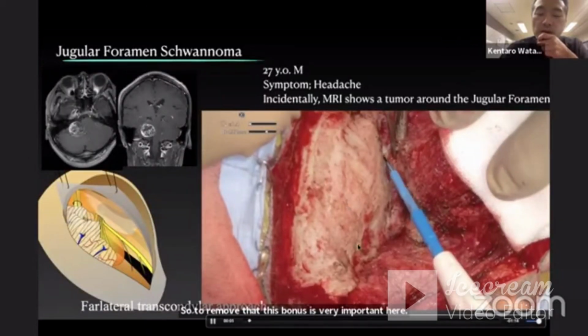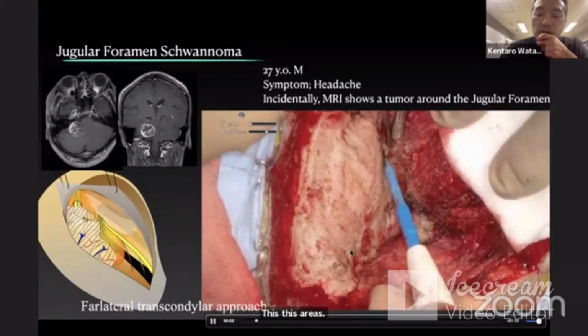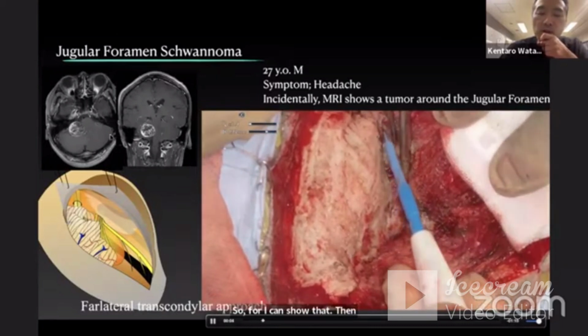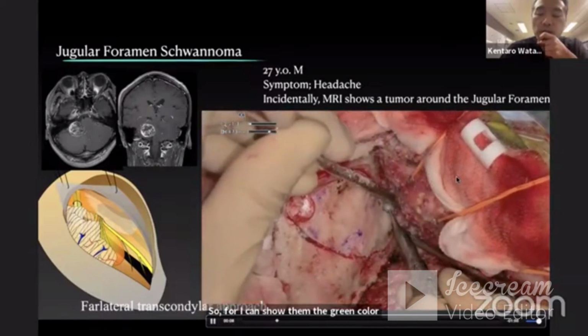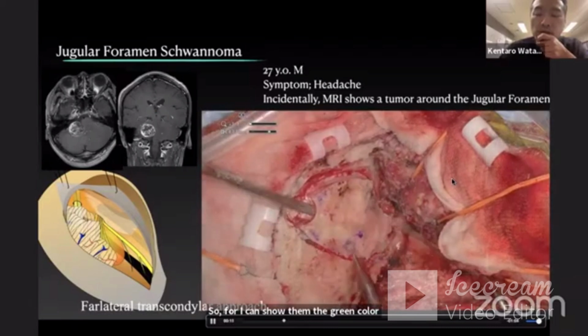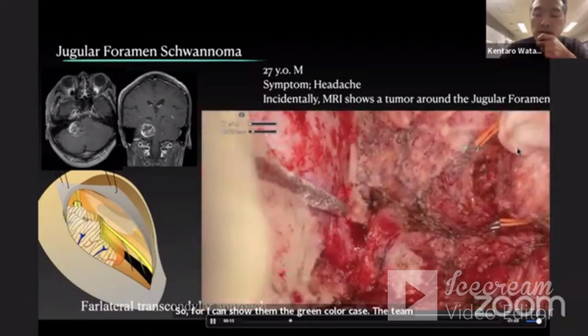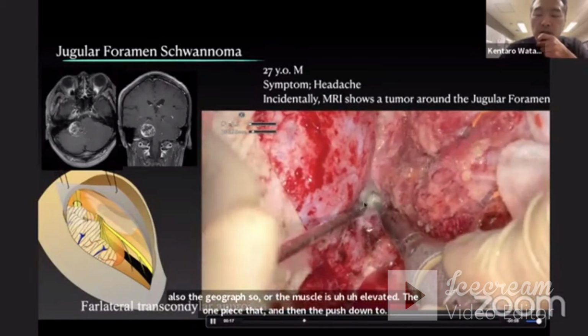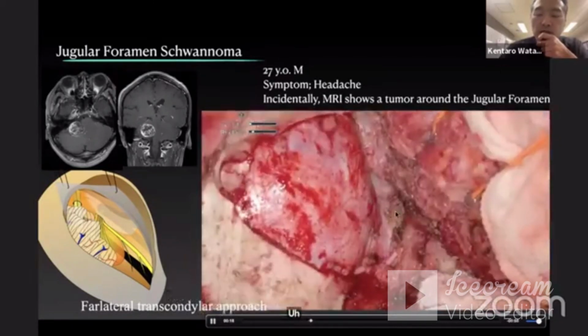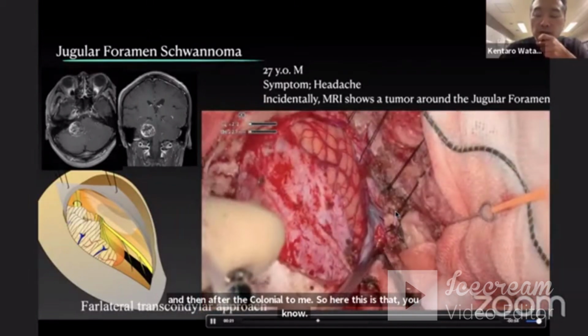So I can show a clinical case. The tumor is a jugular foramen schwannoma. The muscle is elevated in one piece and pushed down, and then after the craniotomy, here this is the posterior part of the condyle.